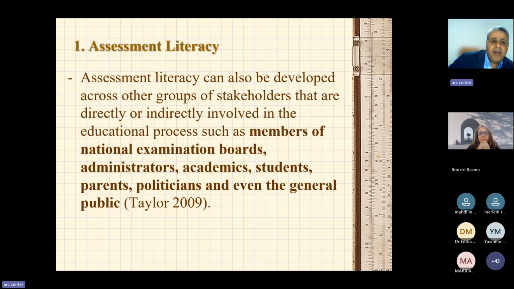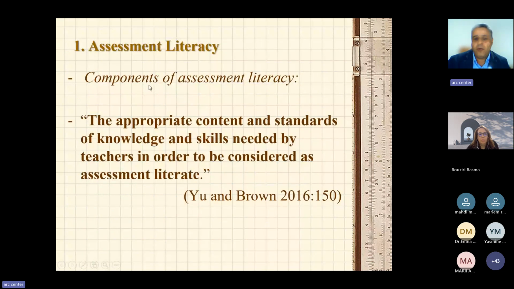So if we move now to assessment literacy, operationally speaking, assessment literacy has specific components. So we take assessment literacy and we divide it into components. If we try to define these components, we are talking about the appropriate content and standards of knowledge and skills that are needed by teachers in order to be considered assessment literate. We saw its definition.